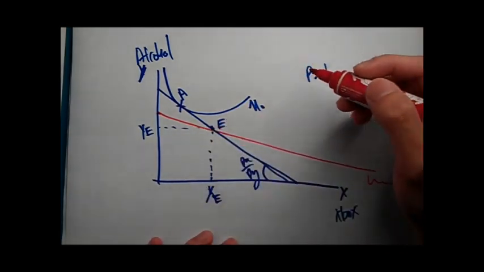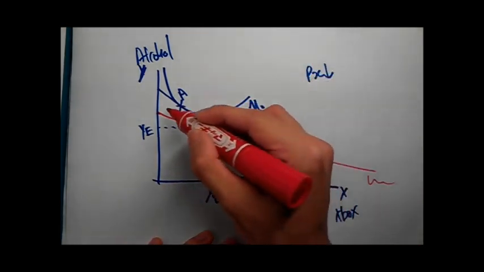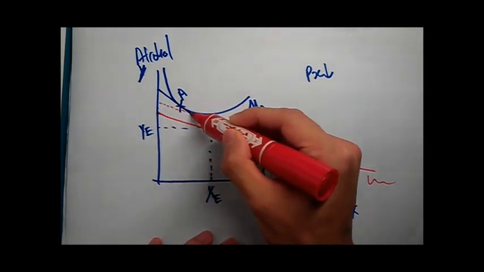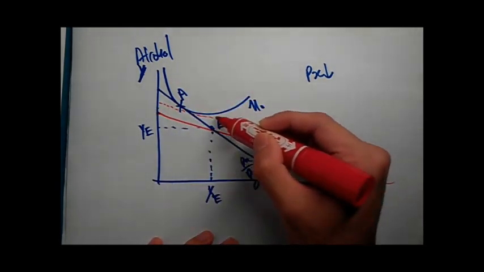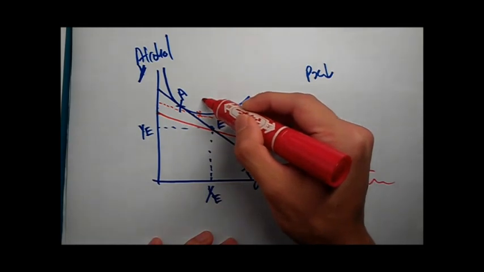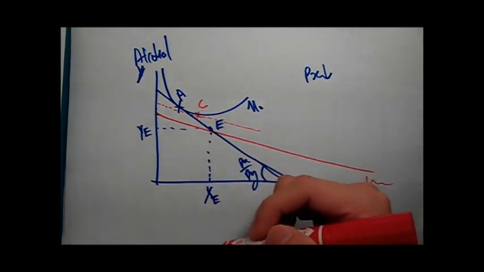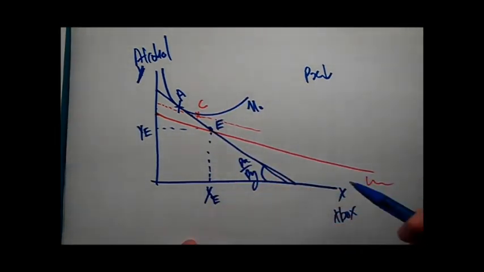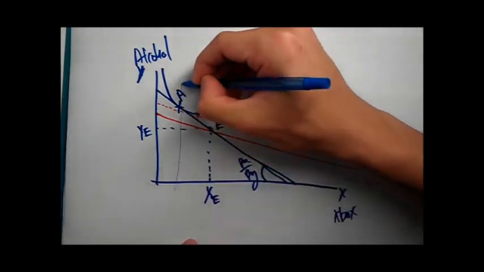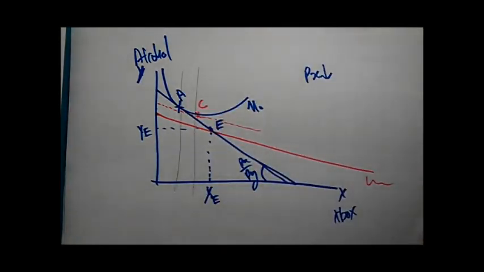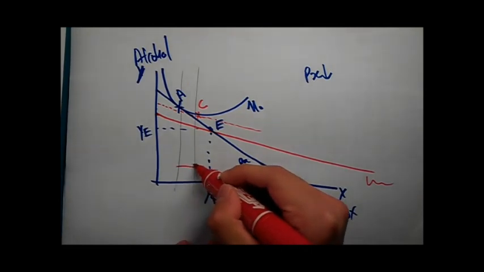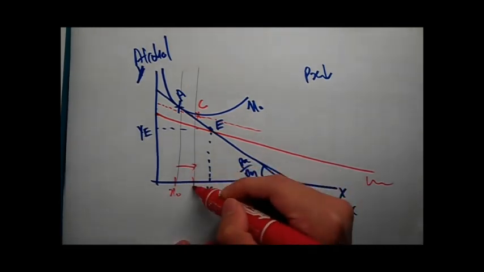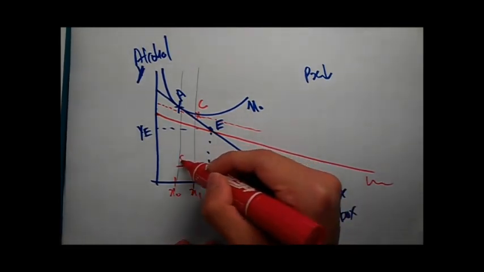For the Hicksian definition of real income, what we're going to do is draw an imaginary budget line tangent to the indifference curve, and we call this point C. Now we can identify the substitution effect. The distance between X0 and X1 is the substitution effect.